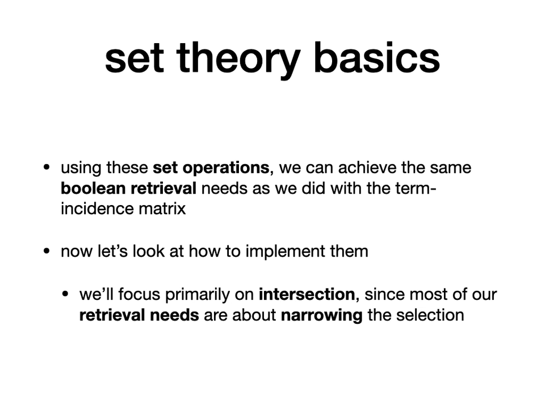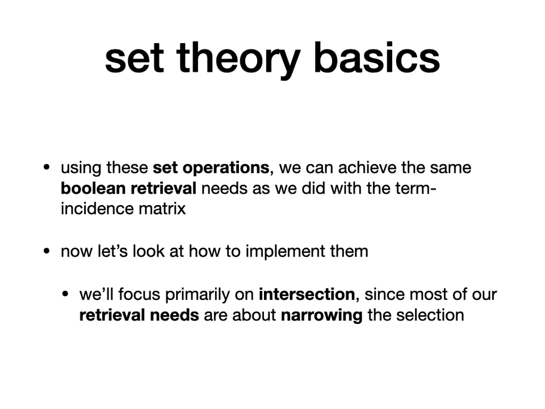So we achieve the same basic ideas we did with the term incidence matrix using set operations for these sort of loosely defined sets of items instead of the more precise and straightforward list, the comparisons of the vectors of incidences. So now we're going to keep digging in and try to implement these. I want to show you how we can do these optimally.